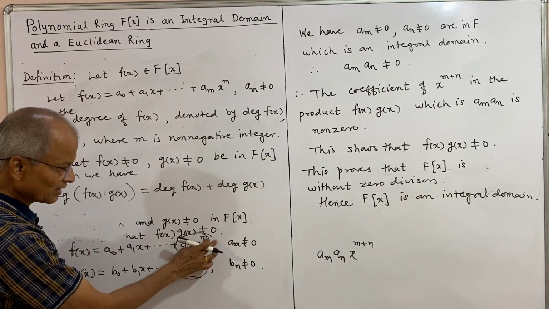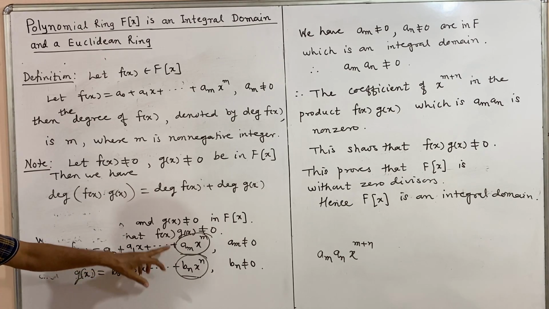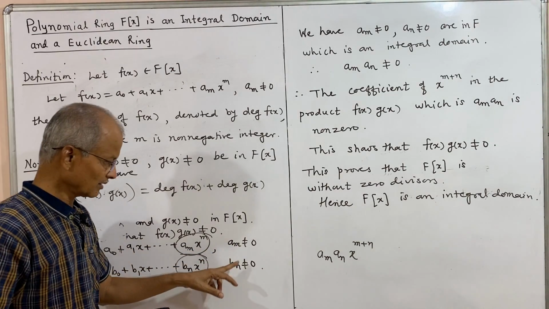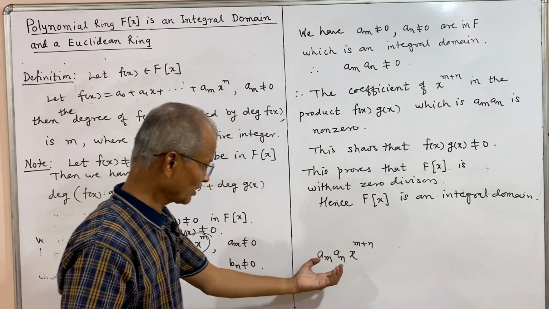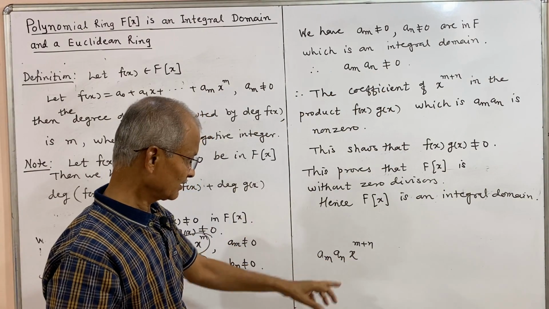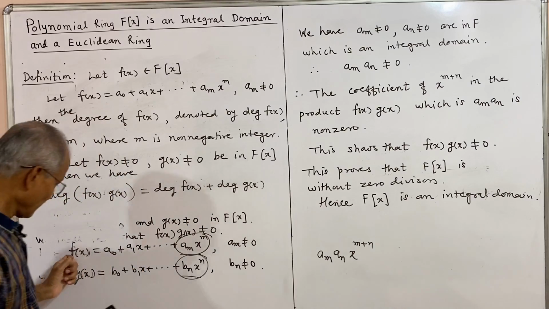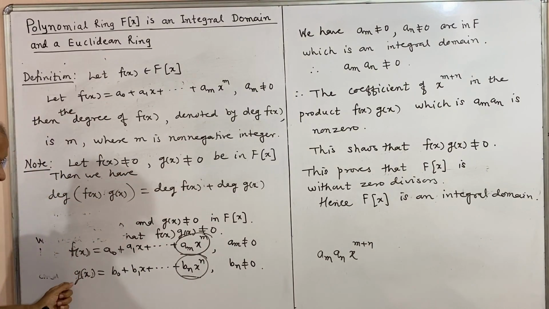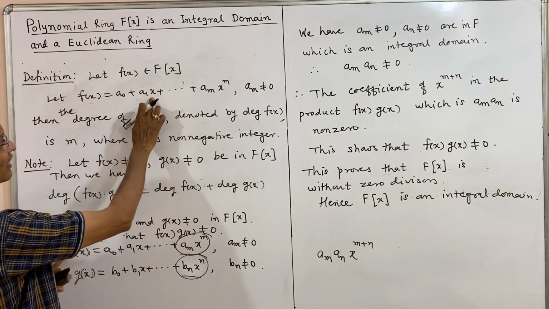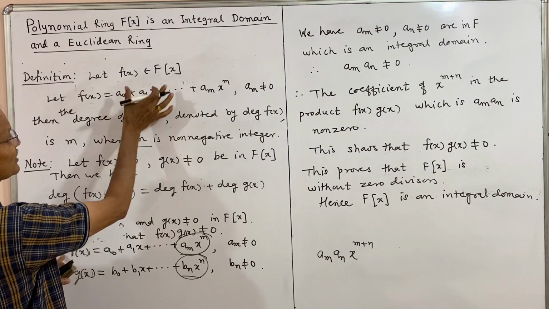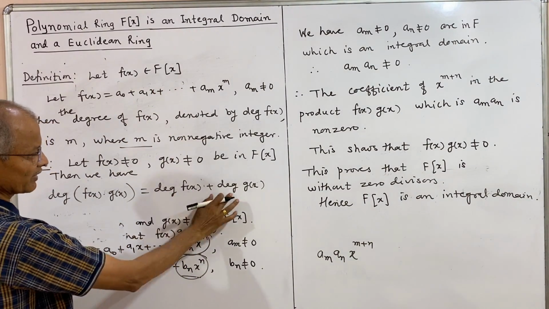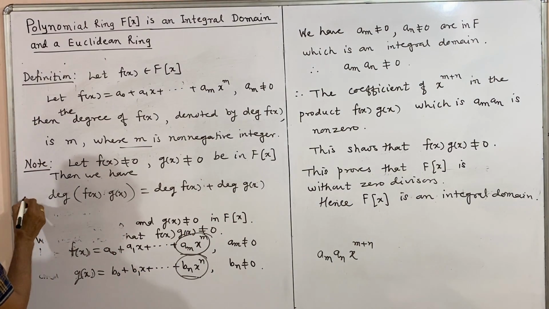Because these coefficients are not 0, and these are polynomials of degree m and n that we are considering here, this product is not 0, and therefore the degree of the product f(x) into g(x) is m plus n. M is the degree of this polynomial, n is the degree of this polynomial, so it is the degree of f(x) plus degree of g(x). That is the first result.